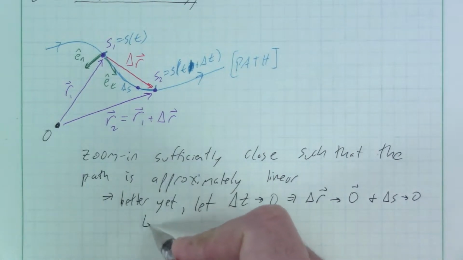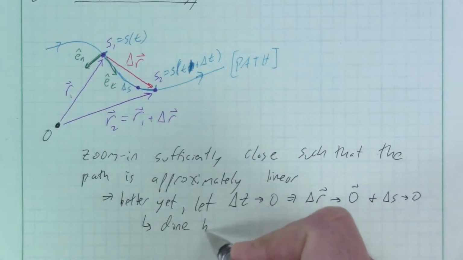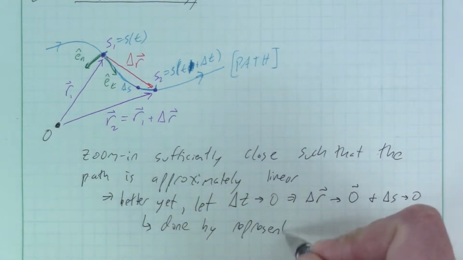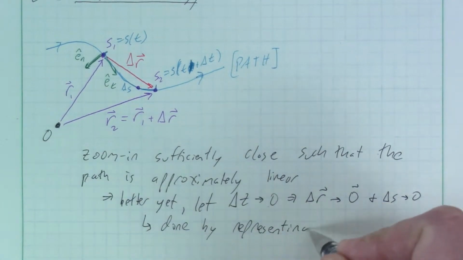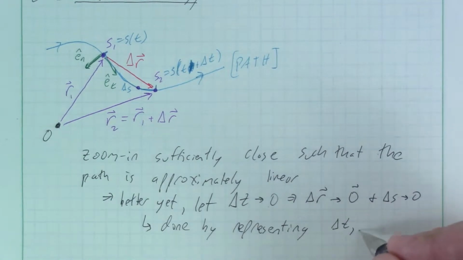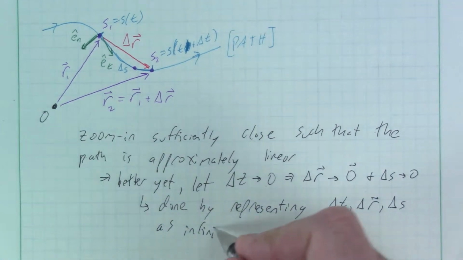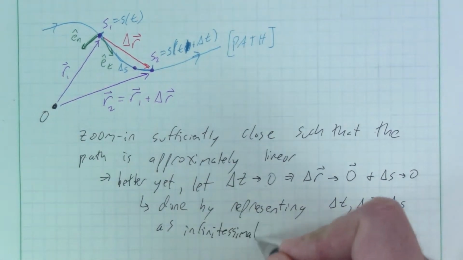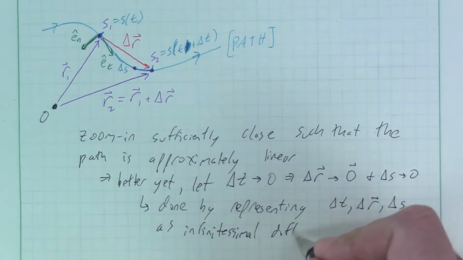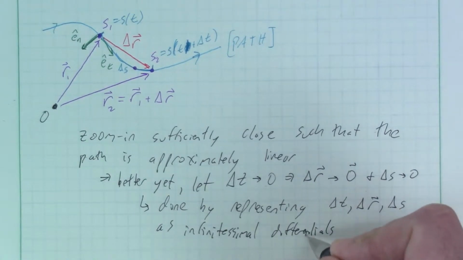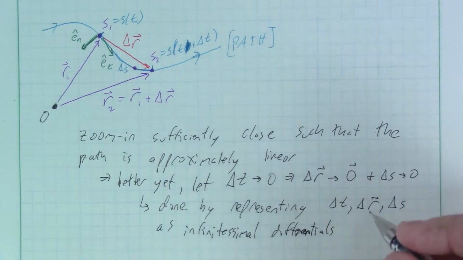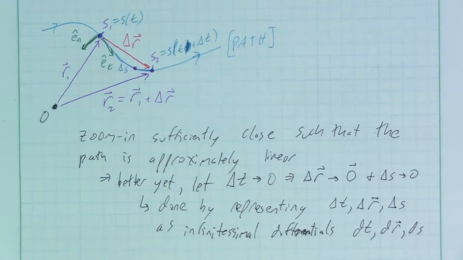So the way we represent this is really done on the figure by representing delta t, delta r, delta s, these quantities as infinitesimal, arbitrarily small differentials, dt, dr, and ds.